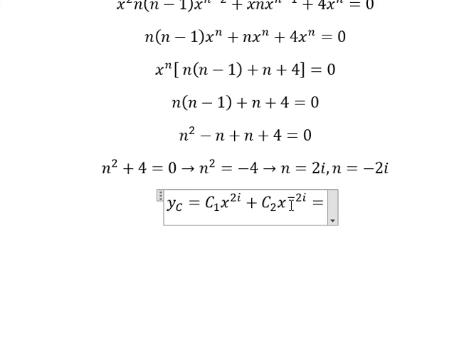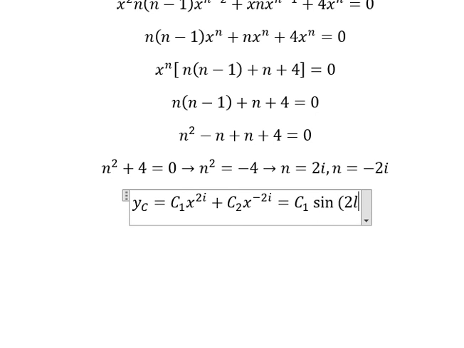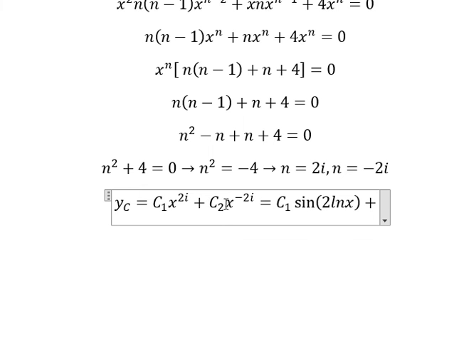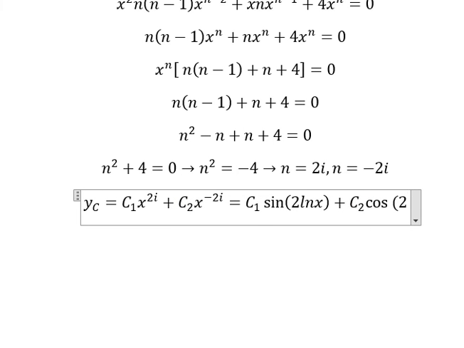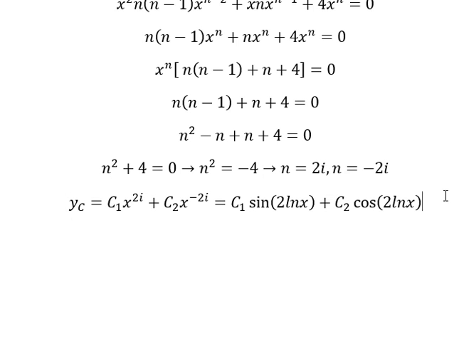So in this situation, we can write another way in here. So we have c1 sine of 2 ln s, and c2 we have cosine of 2 ln s. Next, we can find the particular solution.